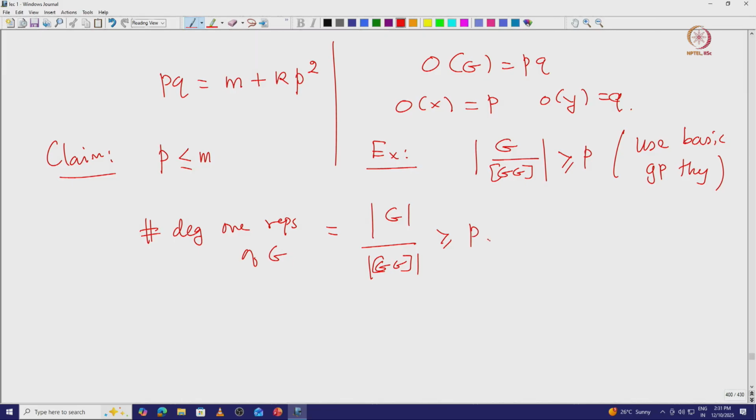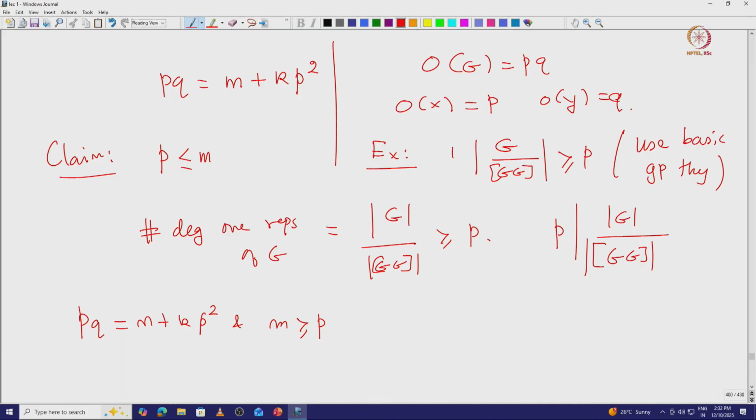So, now if we go back, we have pq, which is exactly m plus k p squared, and this m is at least p. So, indeed we want something stronger. We want p to divide the cardinality of G divided by the cardinality of [G,G].